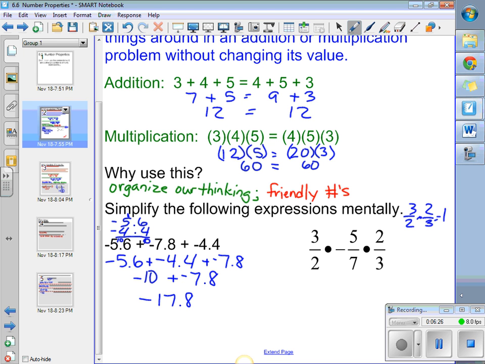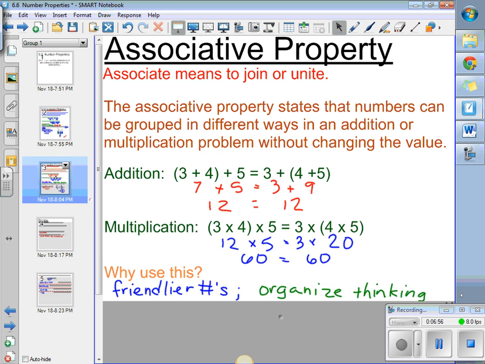So if I commute these to being this, I know that I'm going to end up with just this, because these guys are going to cancel, these guys are going to cancel, and I'm going to be just left with my 5/7. All right, so on to our next one.